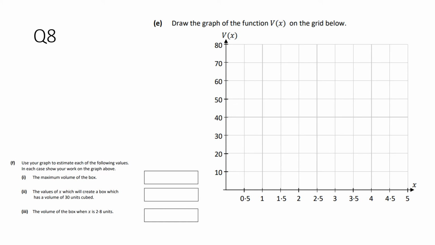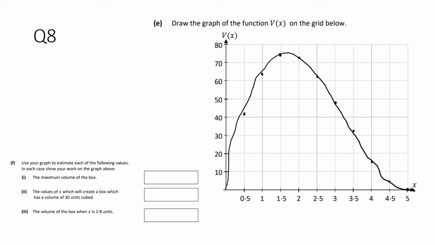So just make sure that you join them all up together. So we just use freehand and we just join them all up together. And that's your curve. So 20 marks for those two parts.